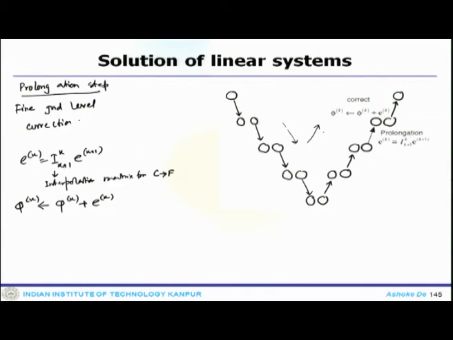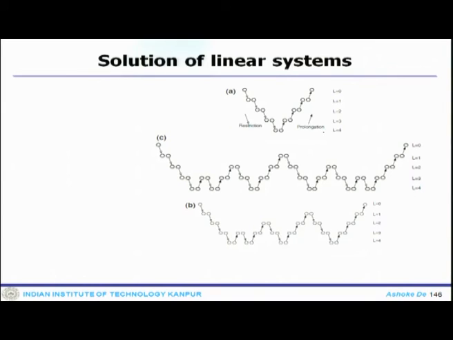Now, finally, there is one thing which is called the traversal strategy in the algebraic multigrid system. There are 3 different ways one can do this.